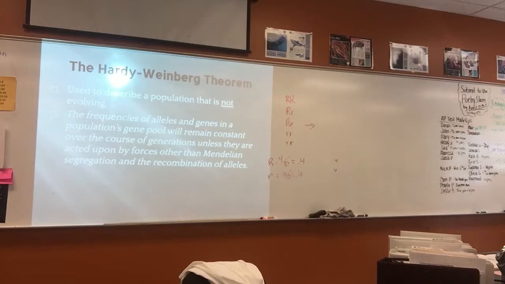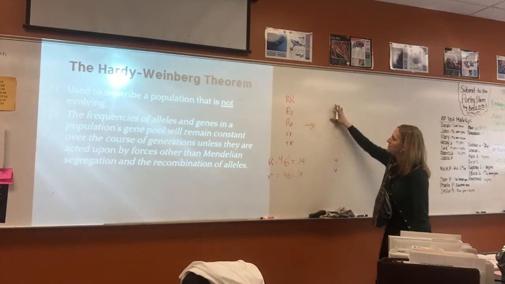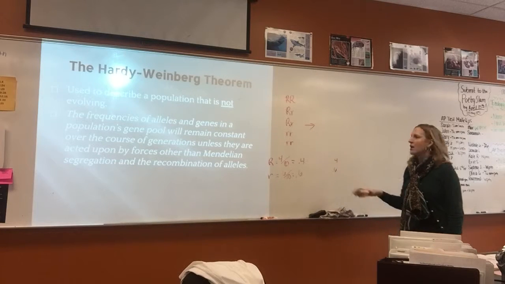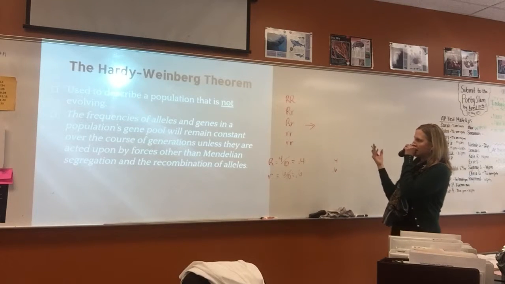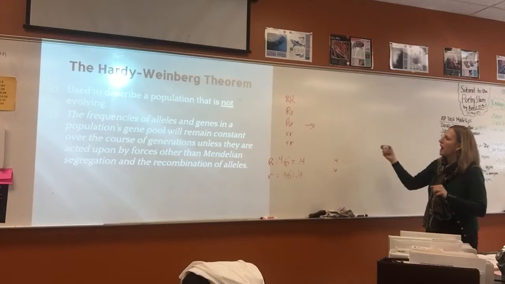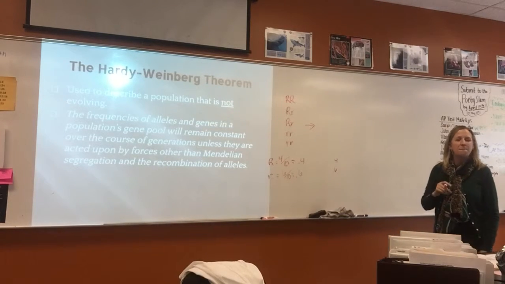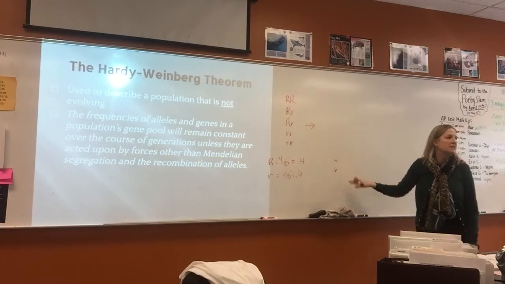It does not mean that the genotypes have to stay the same. Can I have different genotypes in my next population but still have 40 and 60? Absolutely. All right, so for instance, can somebody tell me how I would do that? Give me an example of how I would make a different population but the frequency is the same.